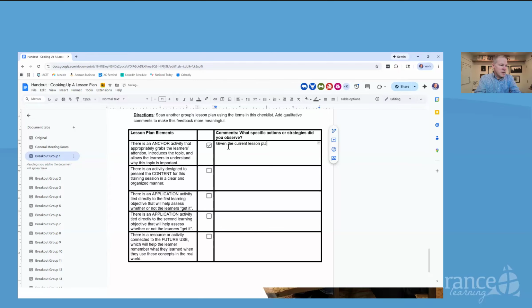And I think that what Tawana and Shay are saying here is super valid, that given the current lesson plan, it appears that this program would jump right into business without any sort of introduction.